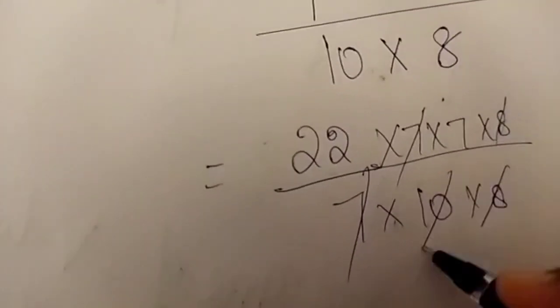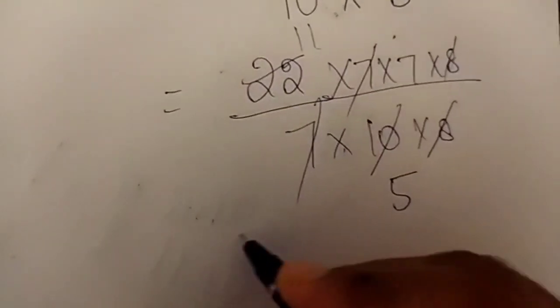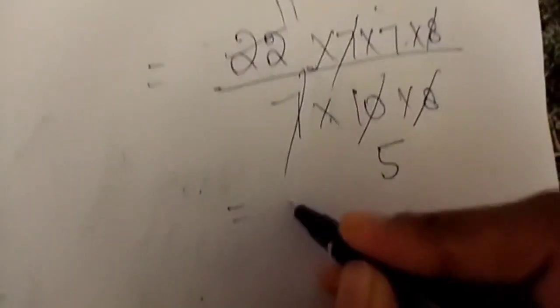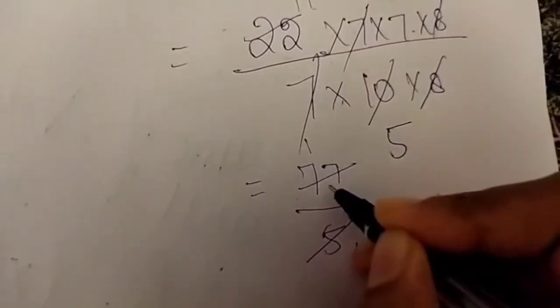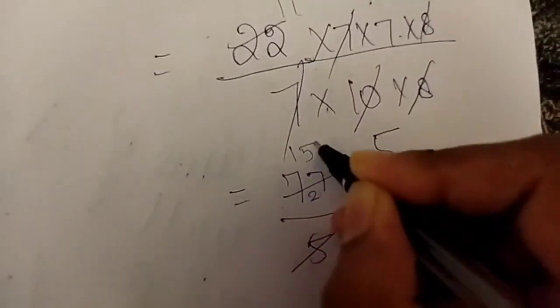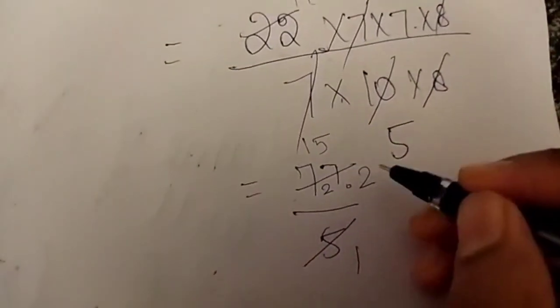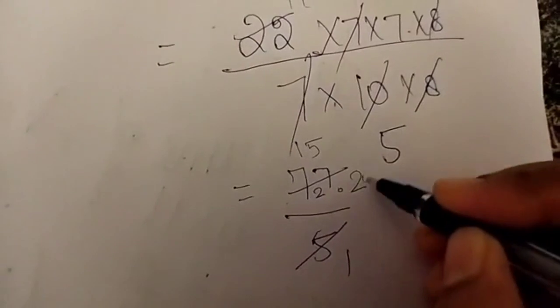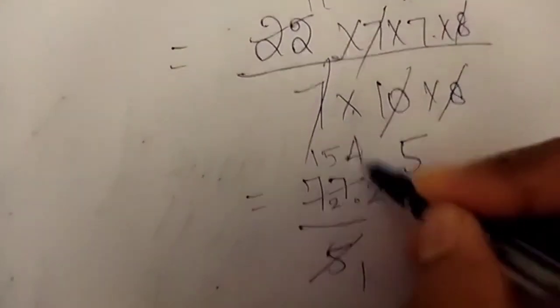We can use 2 table: 5 times, this is 11 times. So we get 11 into 7, 77 by 5. 5 table, 5 ones are 5, balance 2, 5 times 5 is 25, balance 2. If I put 0, we get 20, which is 4 times.